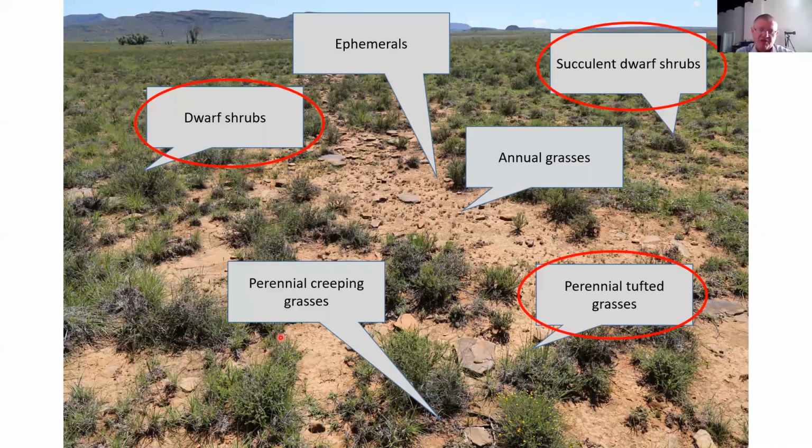But you also get perennial creeping grasses, and you get annual grasses, which wax and wane a lot more. And then you get all sorts of other species, which we're not really going to look at today. You get ephemerals, geophytes, shrubs, ferns and mosses and lichens, and all sorts of other things. But for today's talk, we're going to be focusing on the dwarf shrubs and the grasses mainly.